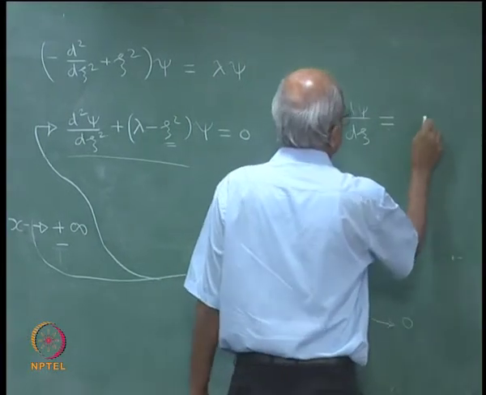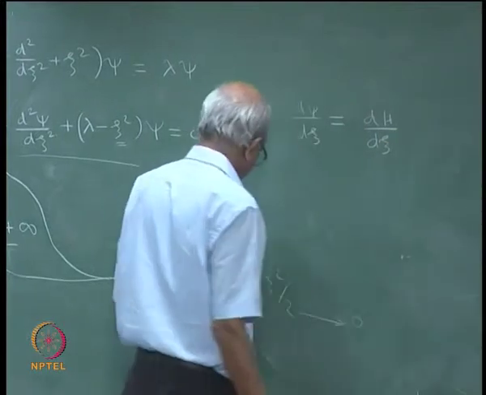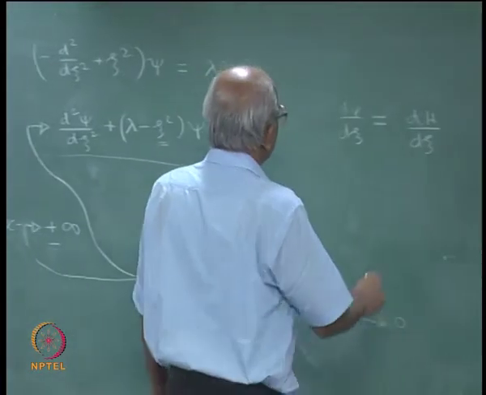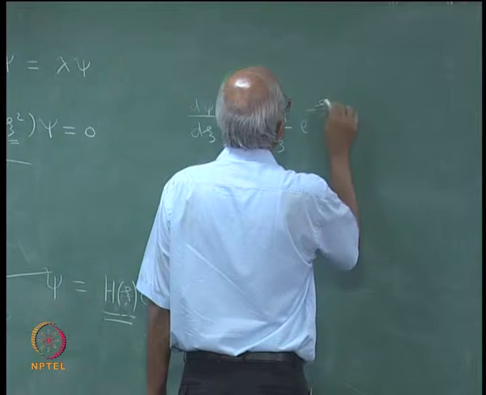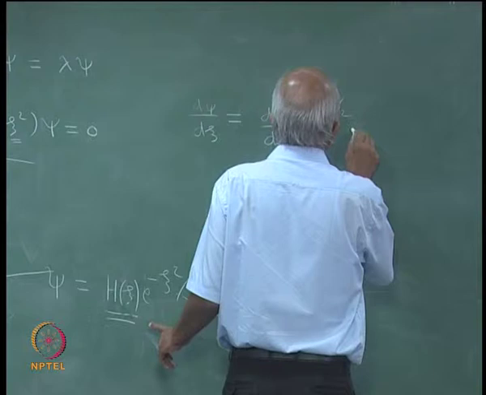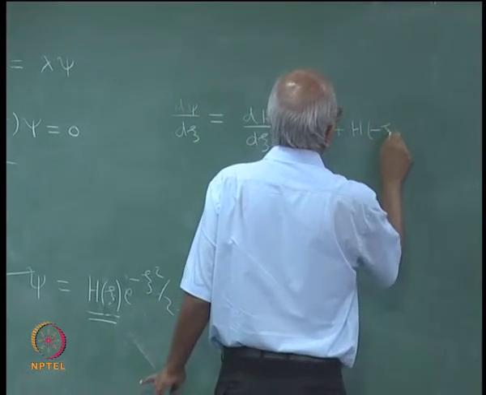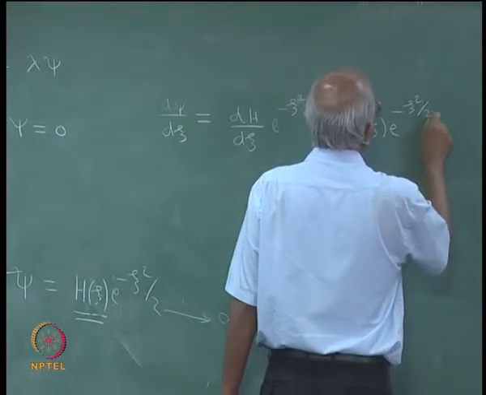It is going to be dH by dc, okay, H actually depends upon c, but let me save some trouble by not writing that c within the brackets, into e to the power of minus c square by 2 plus H into minus c e to the power of minus c square by 2.